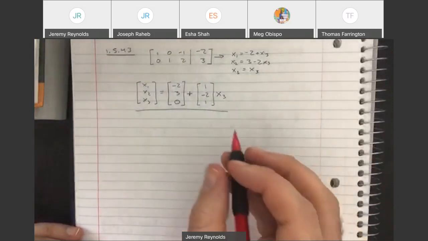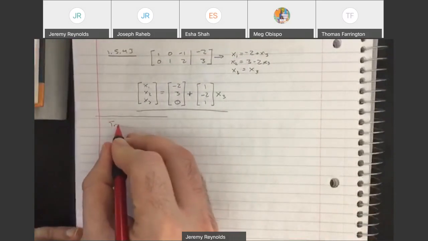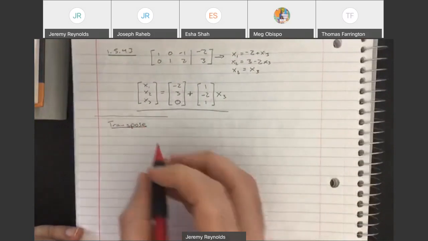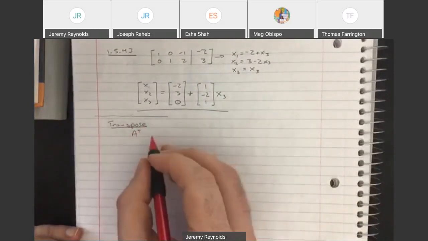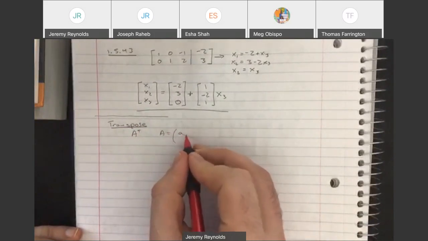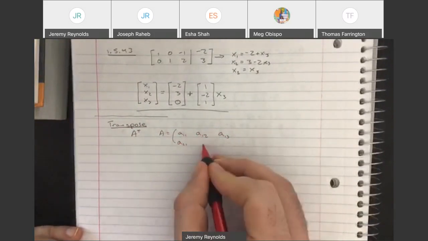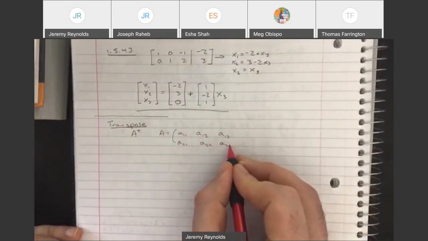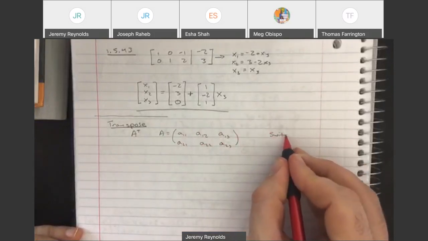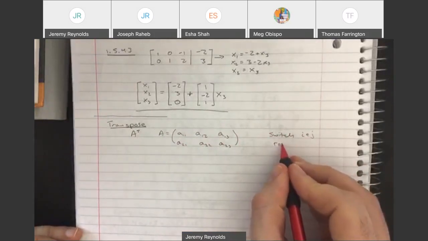Okay. All right. So moving on, the last major matrix algebra thing I'm going to talk about is the transpose. So if we have the transpose of a matrix, let's say A equals A11, A12, A13. Then the transpose, we're just going to switch i and j. So basically switch the rows and columns.